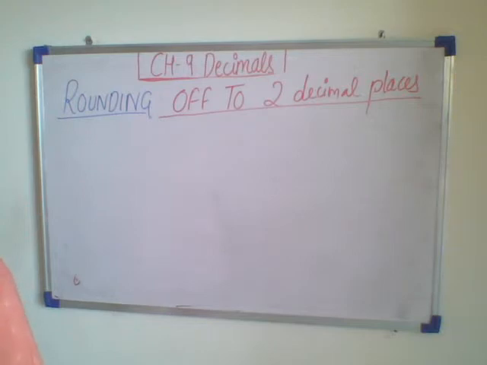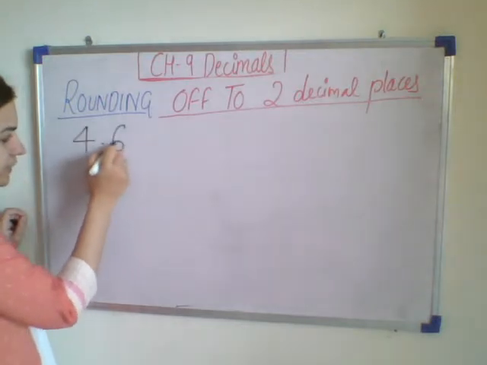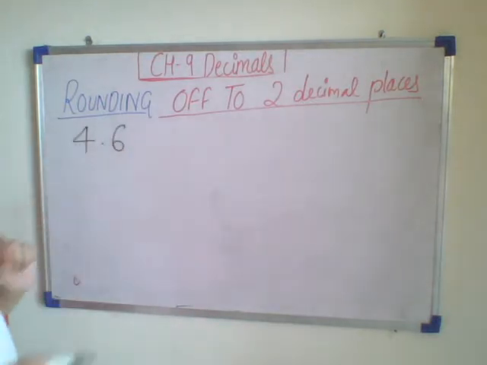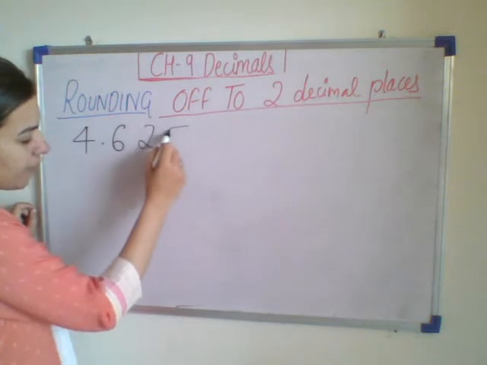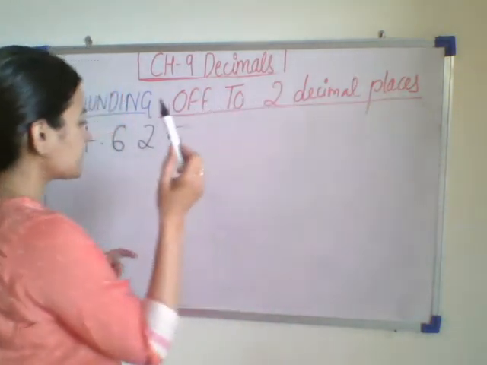Let me write a number. Here is our number, that is 4.625. We have to round off this to the 2 decimal places.